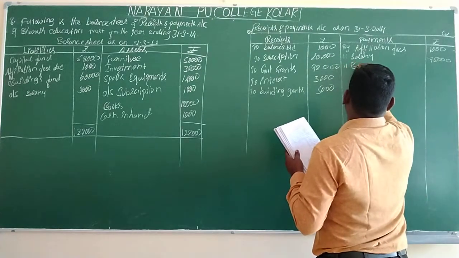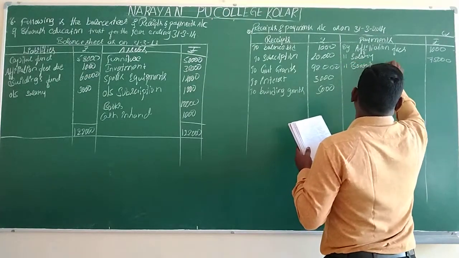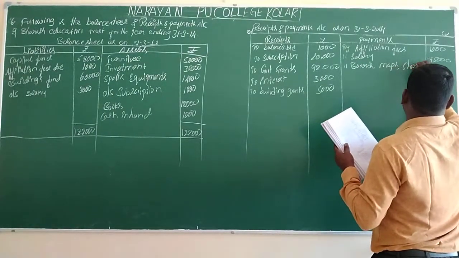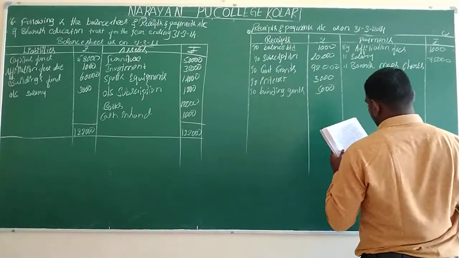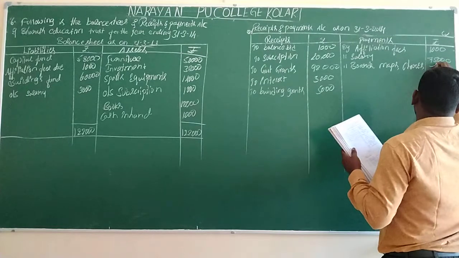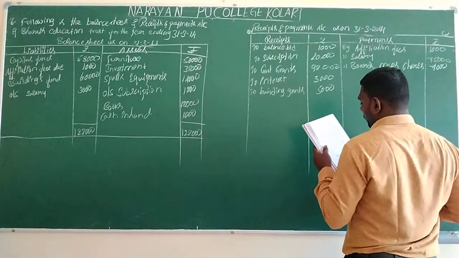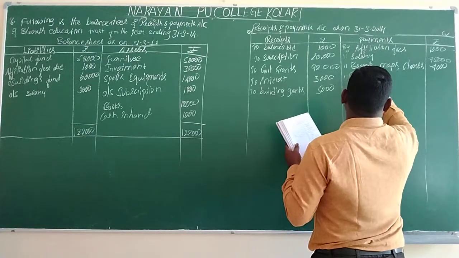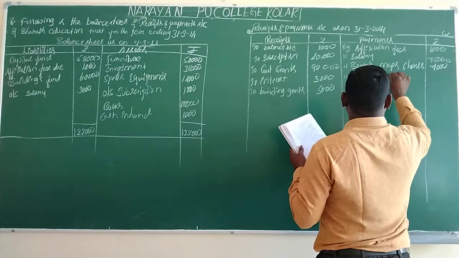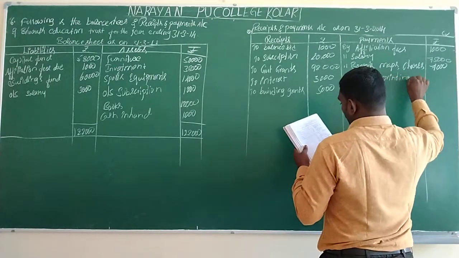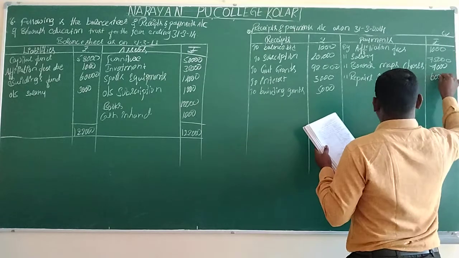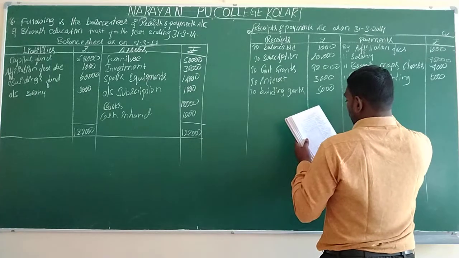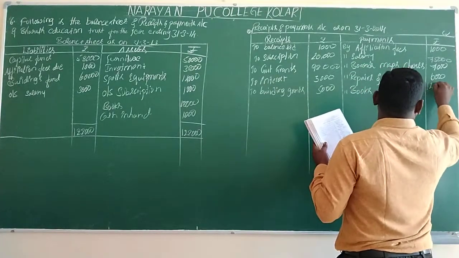By boards, maps and charts 7,000. Repairs and printing 6,000. By books 14,000.